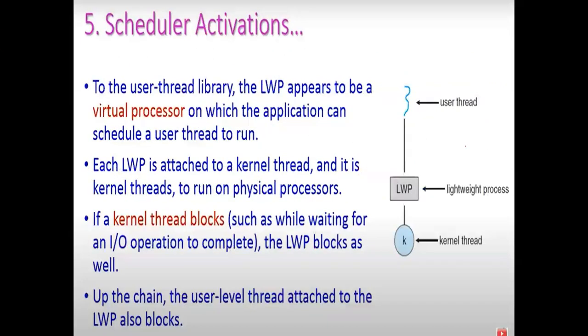Here you can see the diagram. This is the user thread, this is the LWP, the lightweight process, and K represents the kernel thread. We need to maintain the communication between the user thread and the kernel thread. So this is the issue in multi-threaded programming.